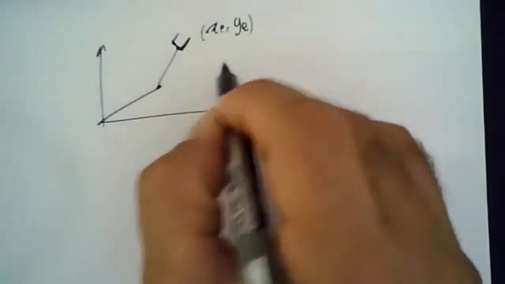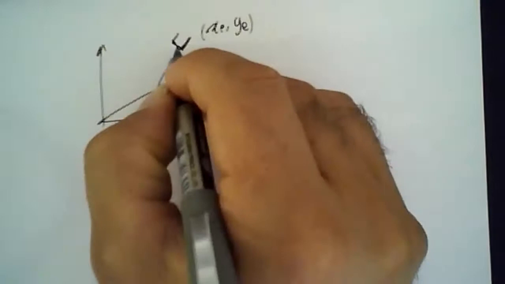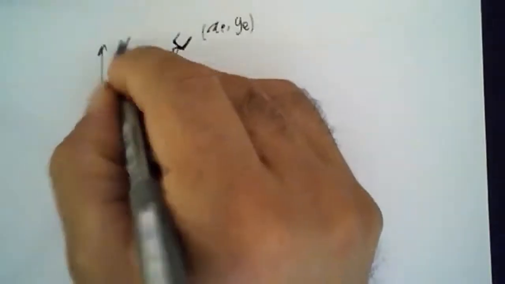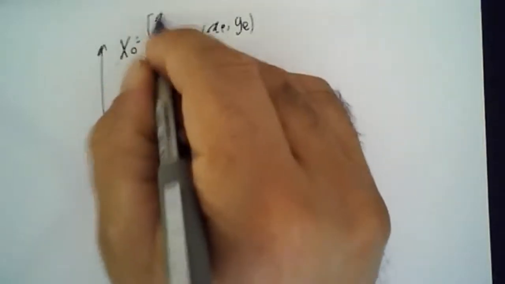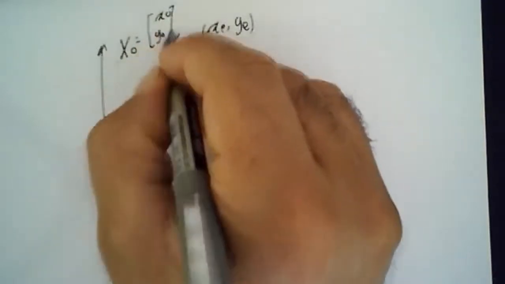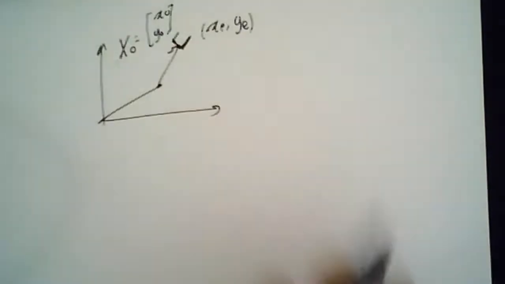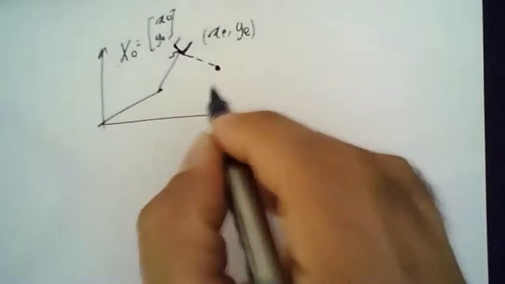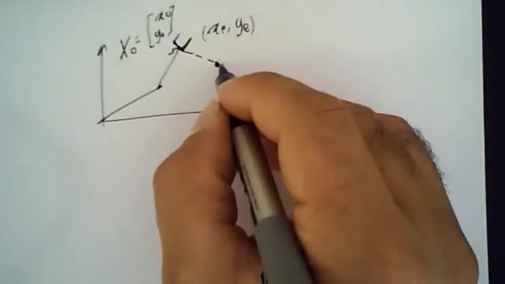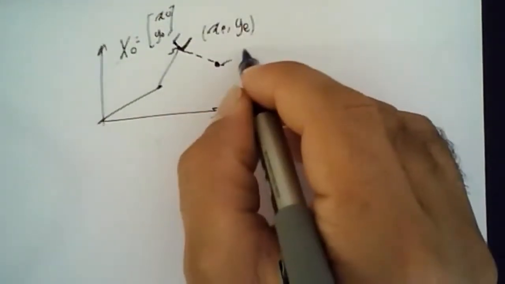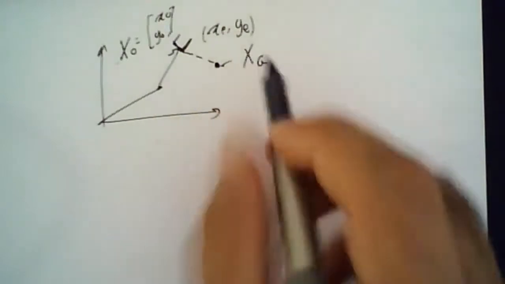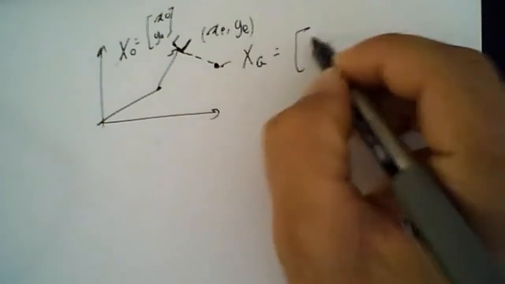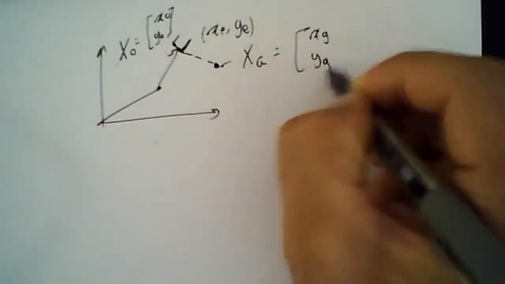Let's say the robot is initially at a particular position, x0, y0, which is given to me. And now I want to do the inverse kinematics of the robot at this goal position, which I'll refer to as xg, yg.